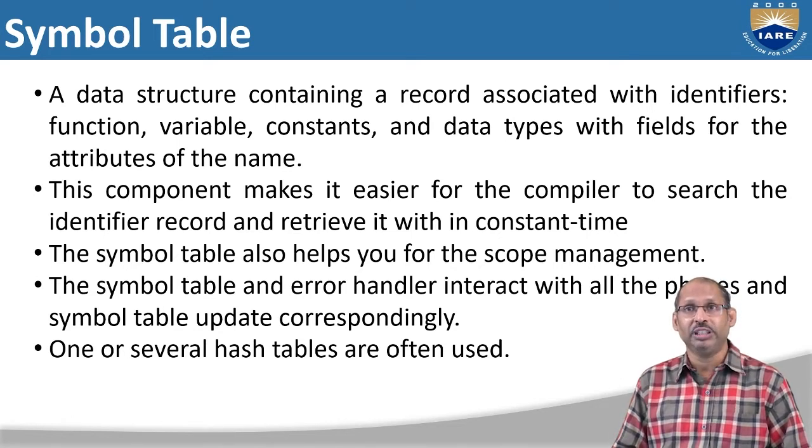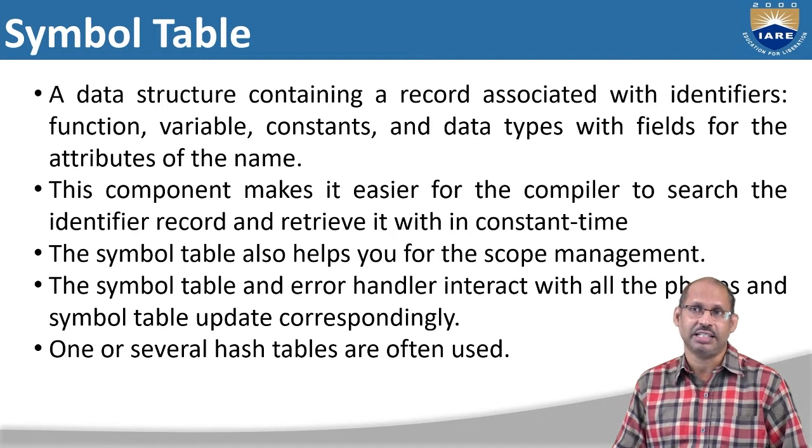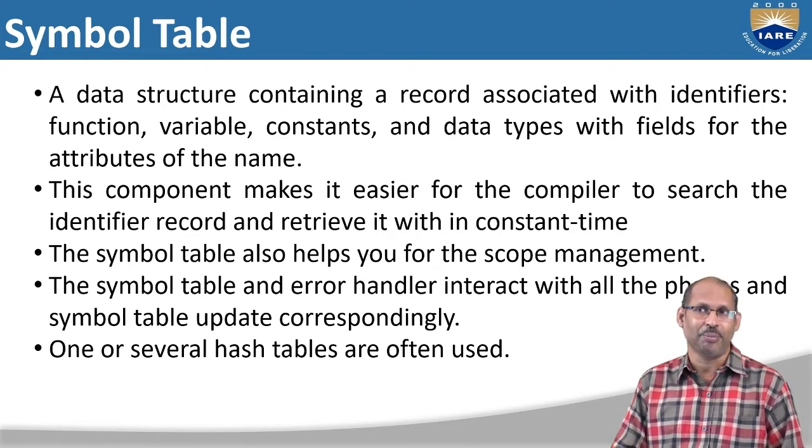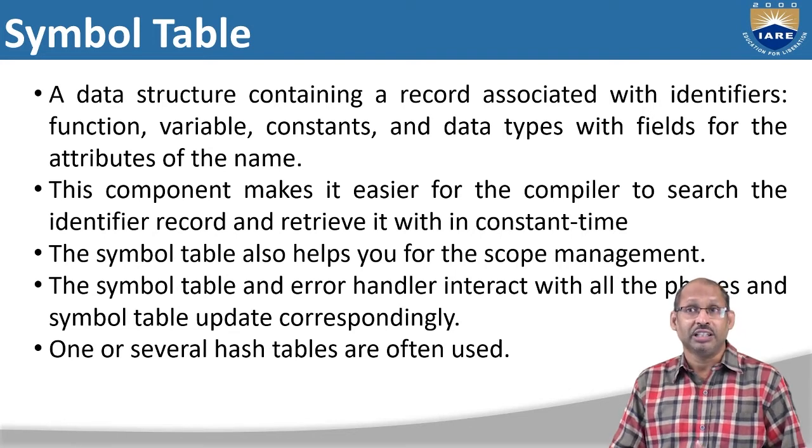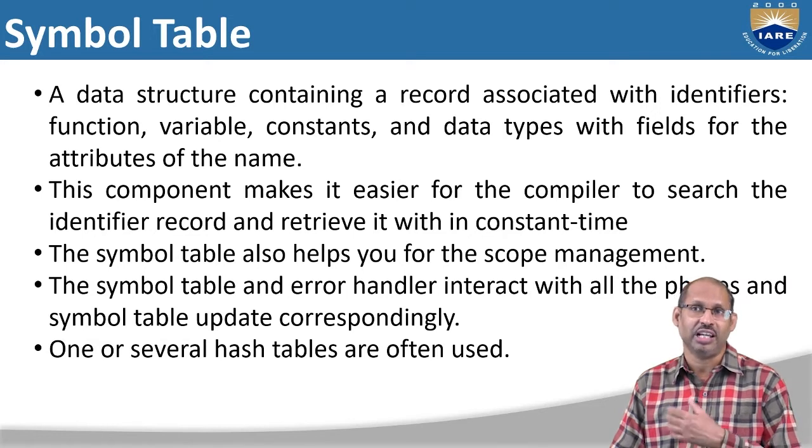Most of the information in the symbol table is filled by the first phase of a compiler, that is, the lexical analyzer, and the information is used and updated by all the remaining phases of a compiler. So the main task of the symbol table is to store the information, and whenever it is required by any phase, it has to give the information.